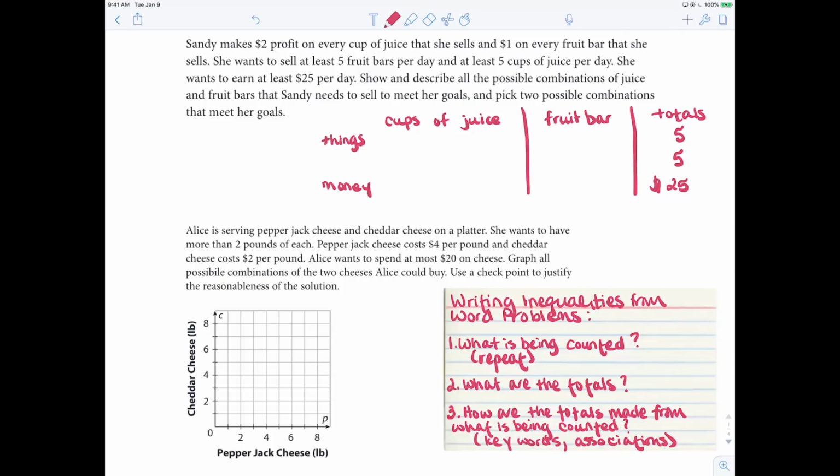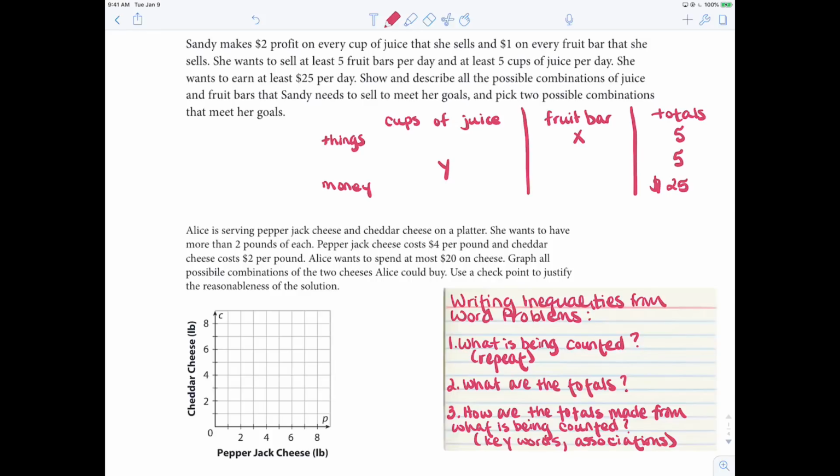So I see that there are 5 fruit bars per day. I don't know how many fruit bars, so I'm going to give that an X, and it's a thing. So I don't see any money attached to it. And then I see 5 cups of juice per day. I don't know how many cups, but I know it's at least 5. So I'm going to give it a variable, but it doesn't have any money attached to it.